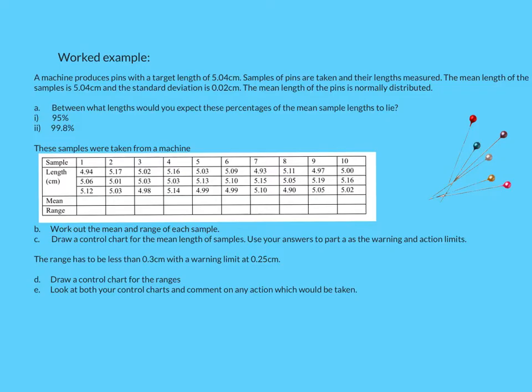So between what lengths would you expect 95% of the pins to lie? Well, if you remember from our previous diagram, 95% is plus or minus 2 standard deviations, which on a normal distribution would look like this. Our mean is 5.04, our standard deviation is 0.02, so I'm going to add that on each time: 5.06 and 5.08, and downwards 5.02 and 5.00.